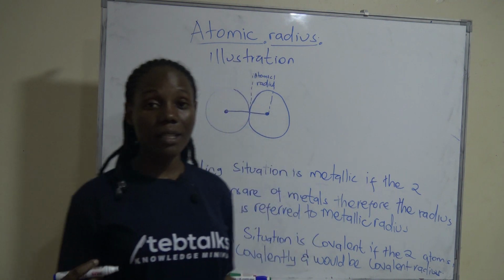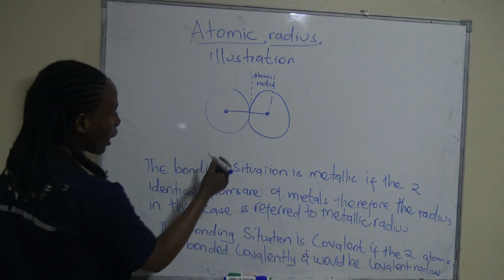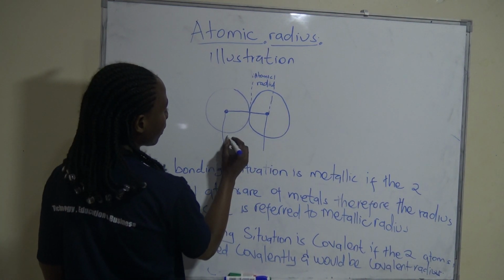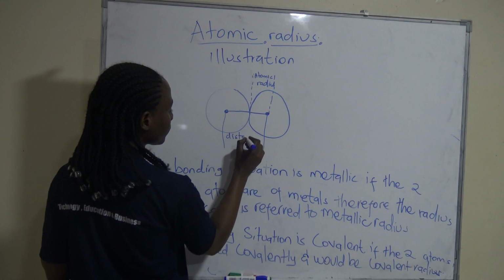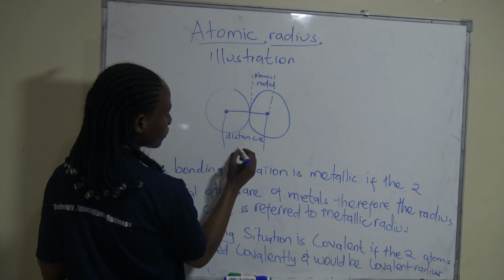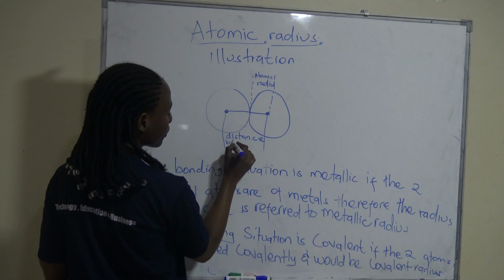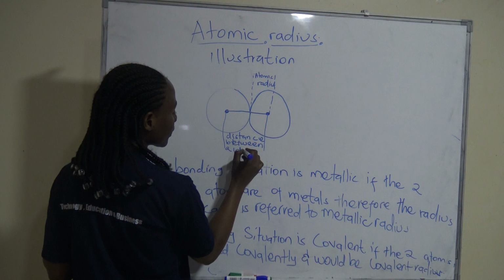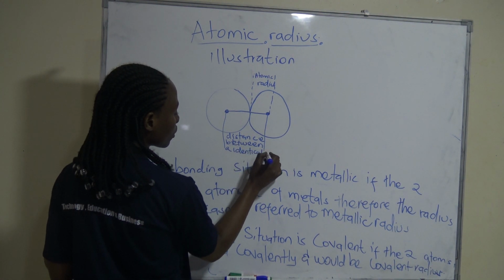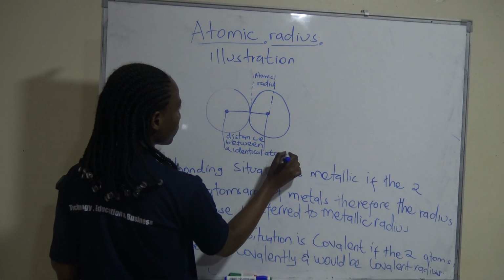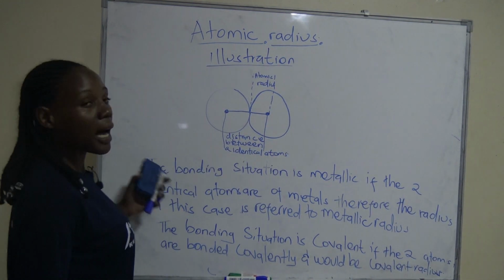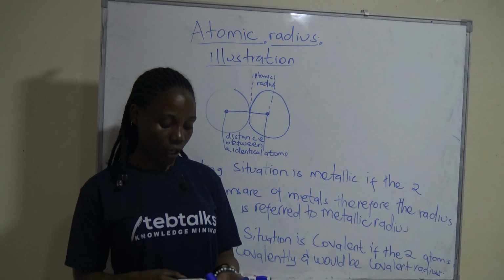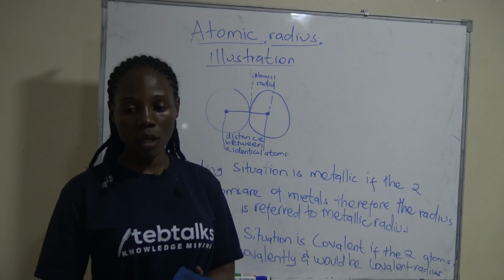And then we have the distance between the two identical atoms, that is from here up to here. That is how the simple illustration of atomic radius would be.